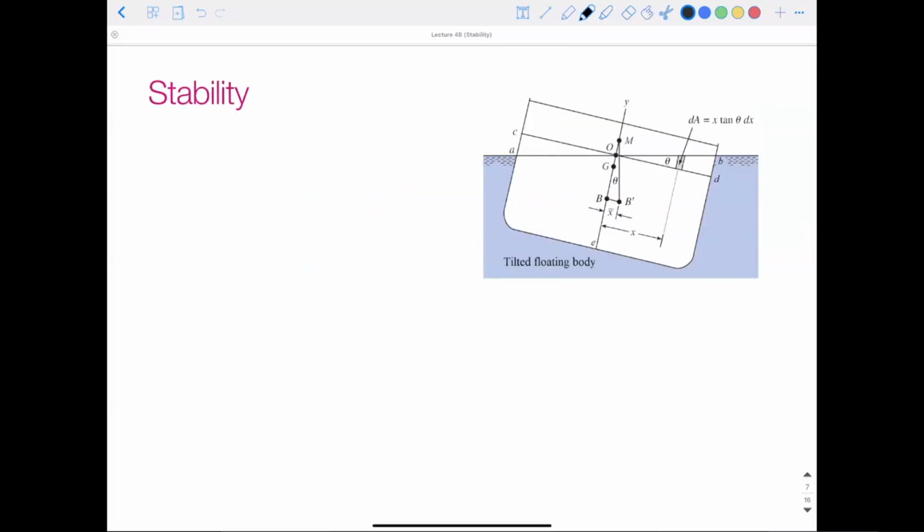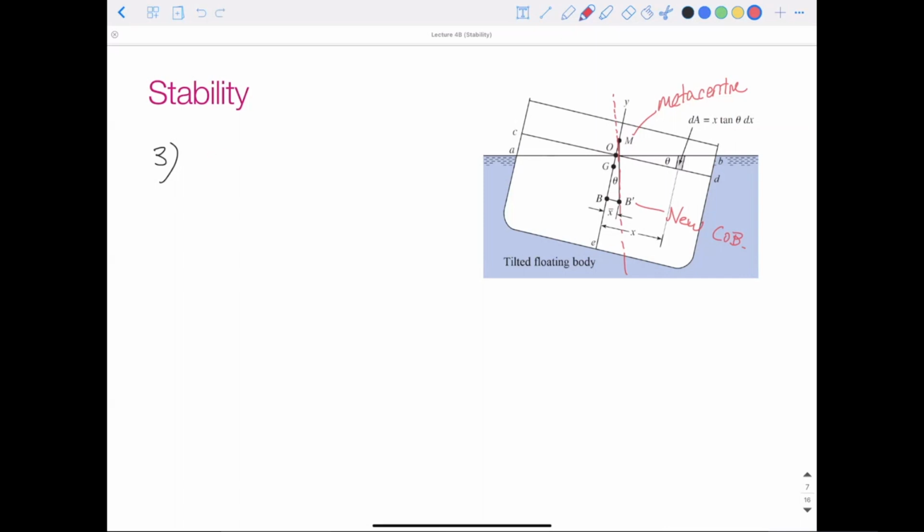So now, if we know where the metacenter is, we can determine whether an object is stable or not. Let's just relabel some stuff here. We have our metacenter, new center of buoyancy. This is our vertical line. So if our metacenter, point M, is above the center of mass or center of gravity G, a restoring moment appears and the original position is stable.